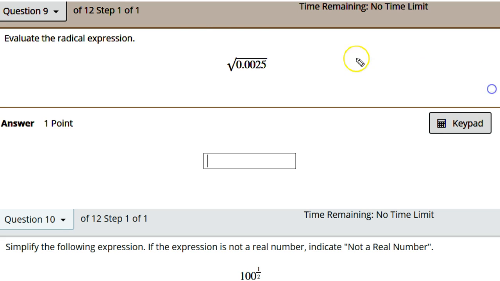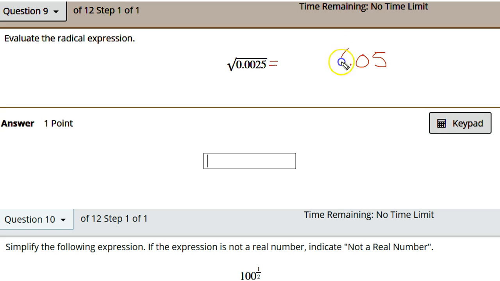For question 9, we're asked to simplify or evaluate this. Remember, the square root is an operational symbol like plus or minus or divide. And what two numbers gave us this? Well, we know 5 times 5 is 25, so it's going to be 5, and we have 4 decimal places.